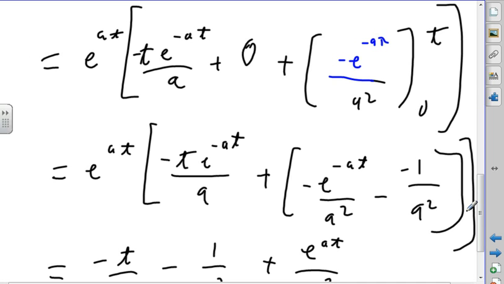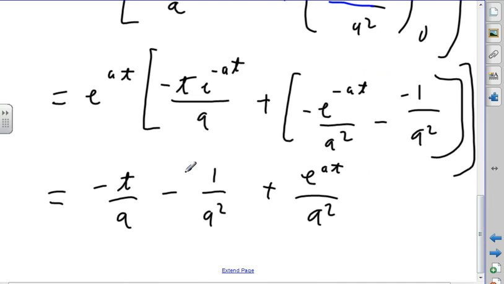Oh, look at that. E to the a t over a squared and a minus t over a and a minus, yep, checks with back of book. Darn. I was so hoping I'd missed the first one. Then we could go home, because if I can't do one of them, I can't do any, right? Okay, well, we got that one right.